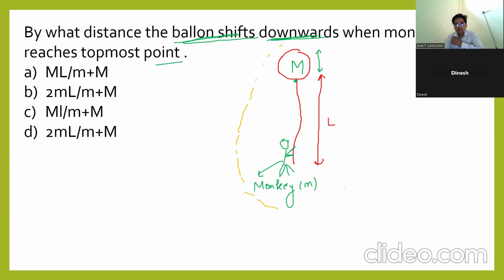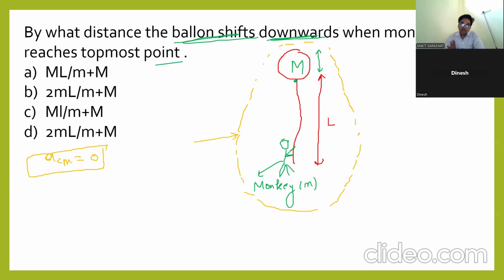Initially, both are at rest. So net force is 0, a CM is 0. There is no external force on this. Internal force will be there, I'm not talking about that. But our objective is to tell you that a CM will be 0 because net force is 0.